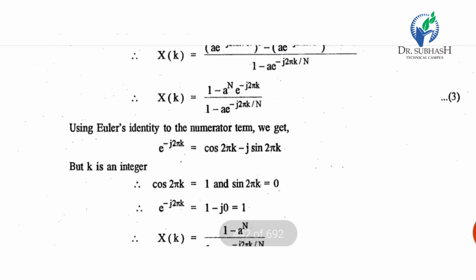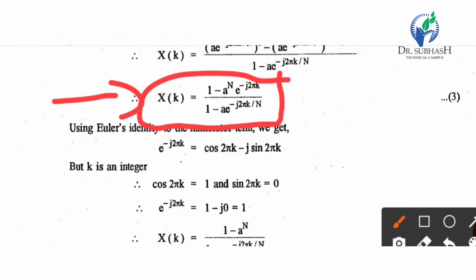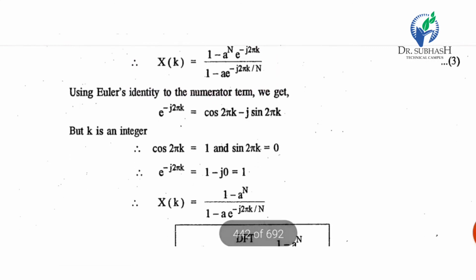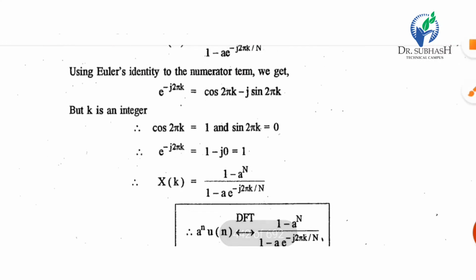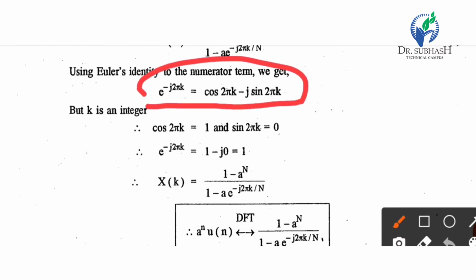So x of k equal to 1 minus a raised to N e raised to minus j2 pi k upon 1 minus a multiplied by e raised to minus j2 pi k upon capital N. So using Euler's identity for the numerator term, we get e raised to minus j2 pi k equal to cos 2 pi k minus j sin 2 pi k.